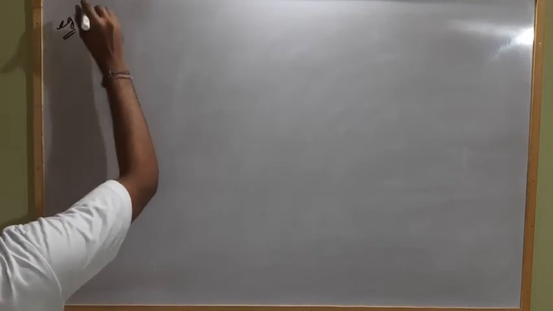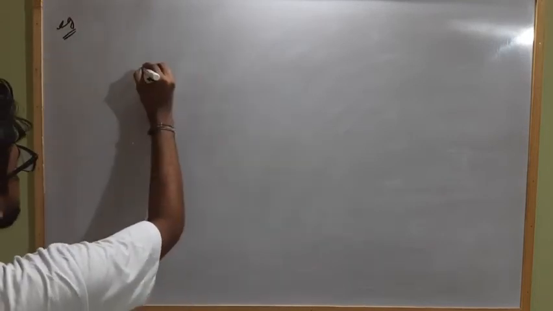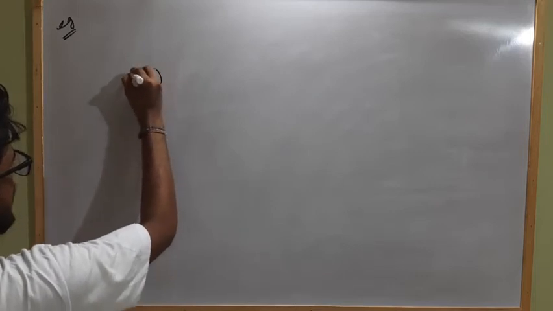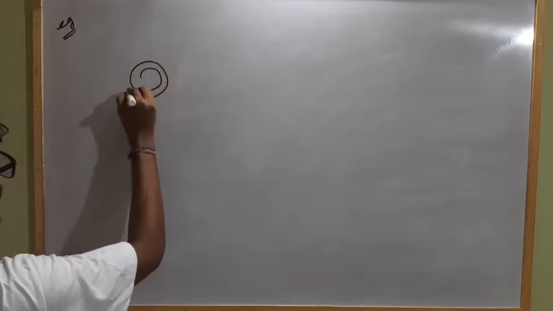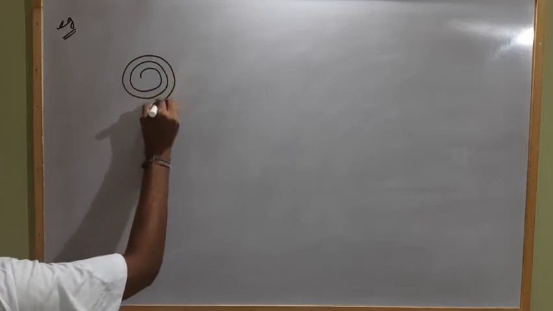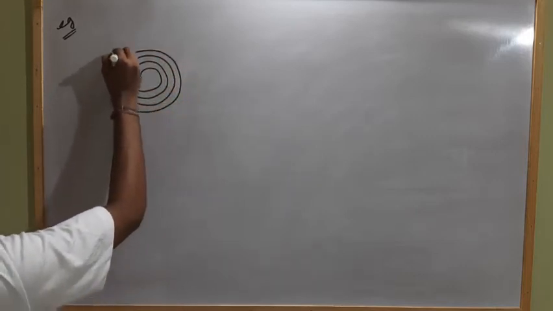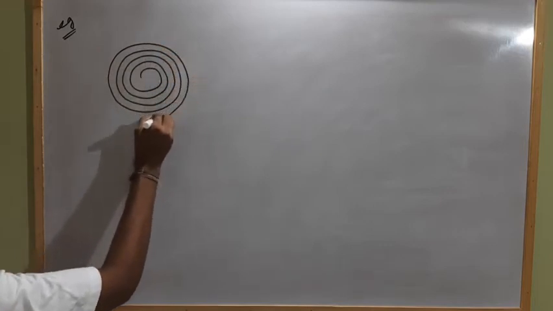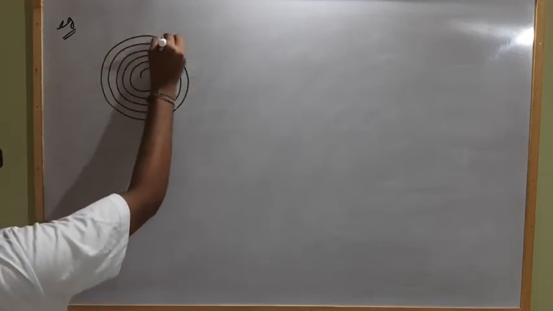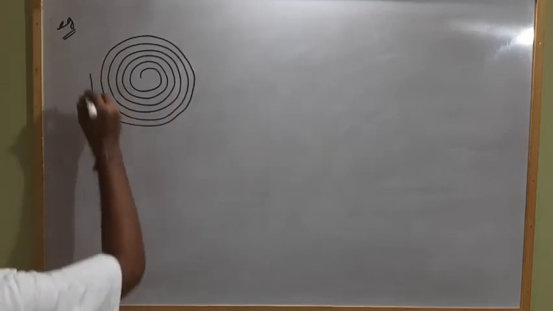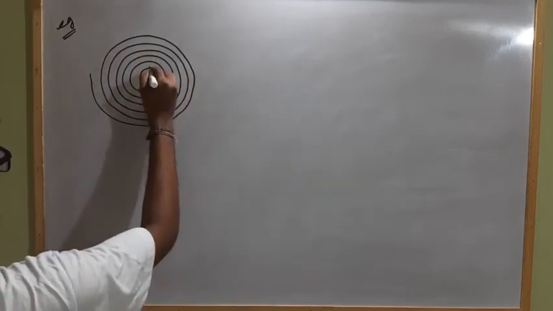Now another interesting problem is there, and it's important. There is a spiral circular coil which is like this, and current I is flowing through it.